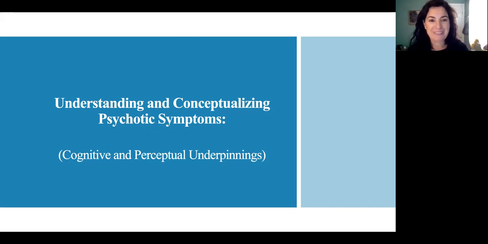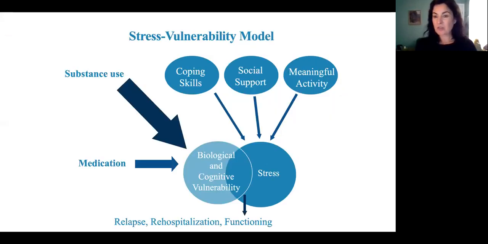Okay, next slide, please. Many of you, if not all of you, have probably heard of or seen the stress vulnerability model. This is the idea of how psychiatric conditions come to be, and it's not just psychosis per se. It's a model for many, if not all, psychiatric conditions as we know them.